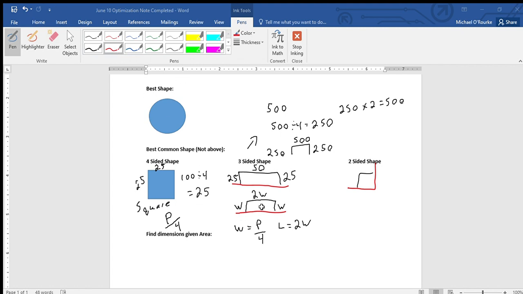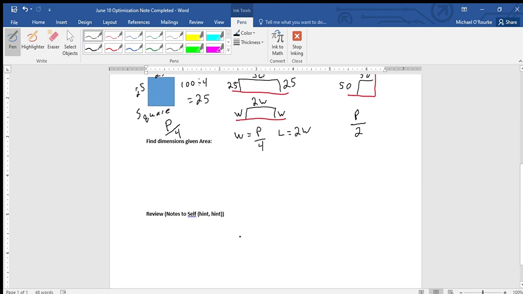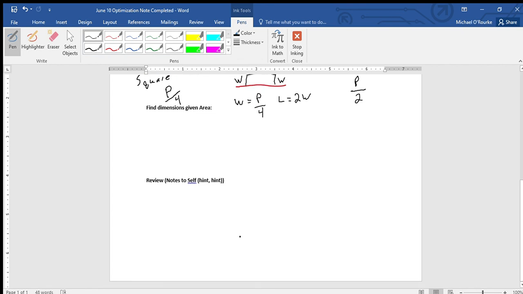So if we had 100 meters of perimeter, what's the number here? Well, it's half, right? So what we're going to do here is we're going to take the perimeter and divide it by 2, which will give us, in this case, 50. 50 and 50.